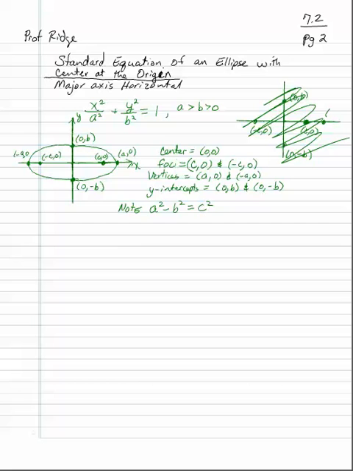Now notice that when you do an ellipse, it's not a circle, it's kind of elongated. So the major axis is from (a, 0) to (negative a, 0), connecting those two points. And then this is the minor axis.